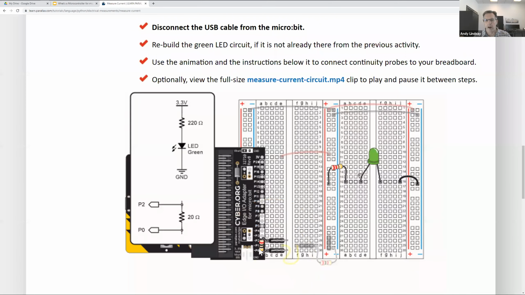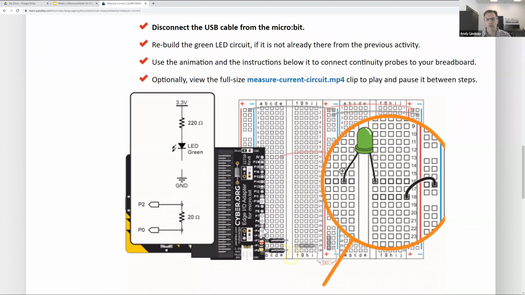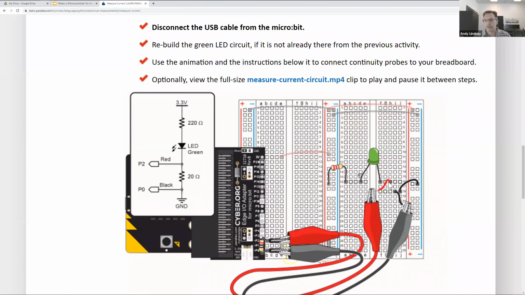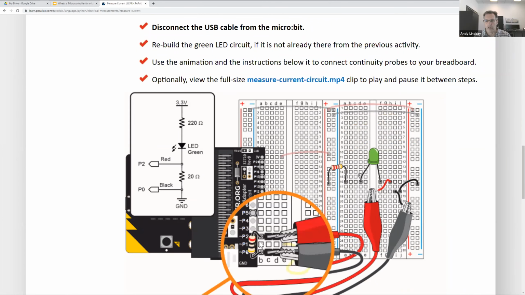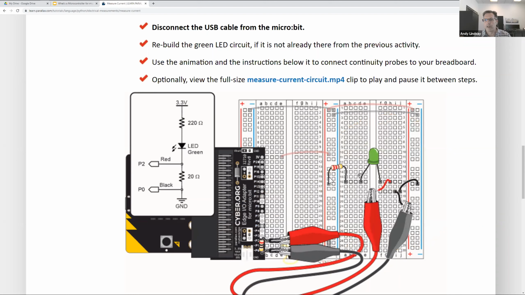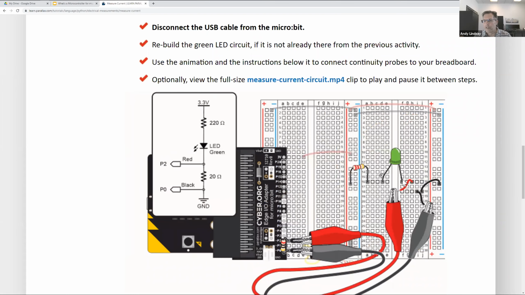This is showing how to add a resistor to make your formerly voltmeter an ammeter. Here's the circuit broken apart, and here is our little ammeter portion inserted into the circuit that we just broke apart.